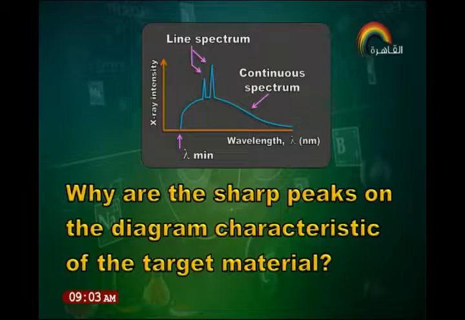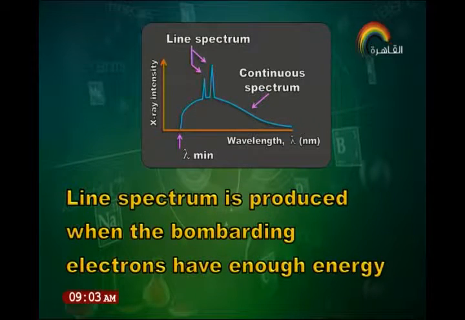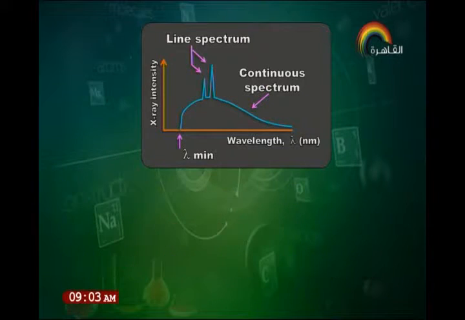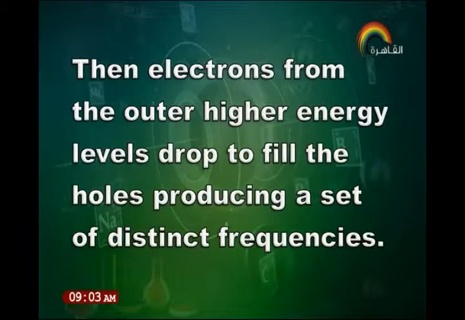So why are they characteristic of the target material? The line spectrum is produced when the bombarding electrons have enough energy to remove electrons from the inner shells of the atoms of the target. And what happens next? Electrons from outer higher energy levels drop to fill the holes, producing a group of distinct frequencies.